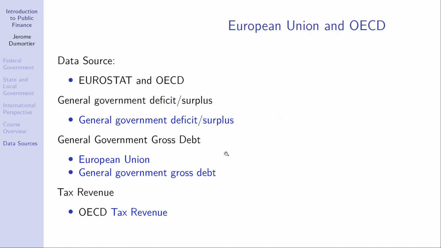You can also have data from the European Union and the OECD. So here in those slides, I have included some links that can give you data on deficit, surplus, debt, and tax revenue.